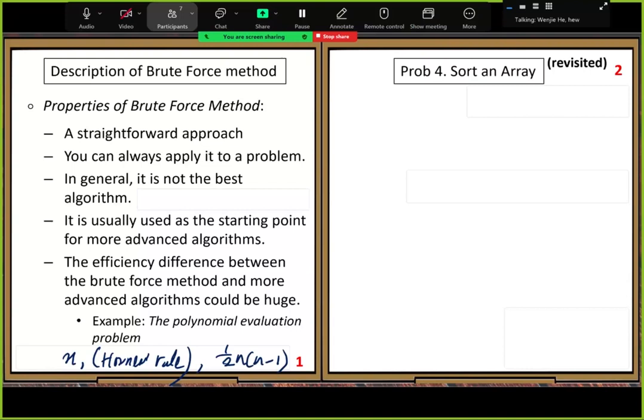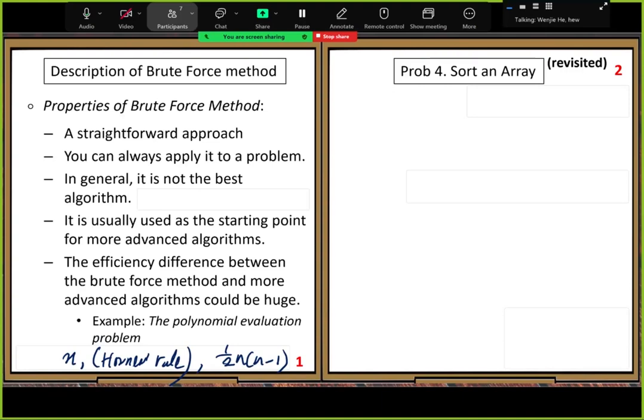All right, so now let's work on another computing problem. This one, problem 4, we revisited. We did a selection sort before.